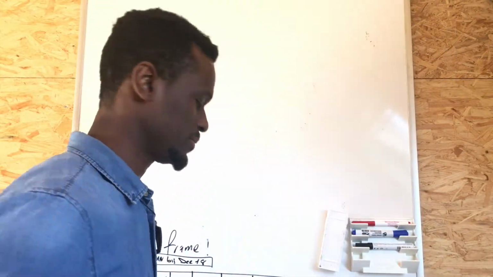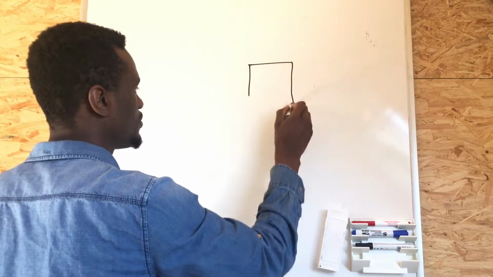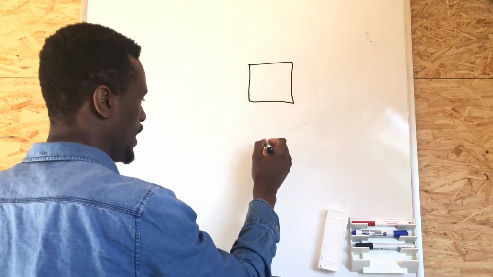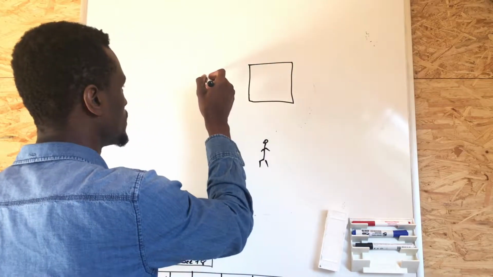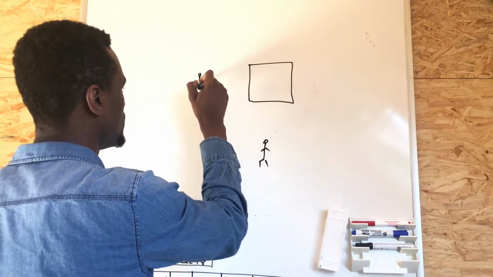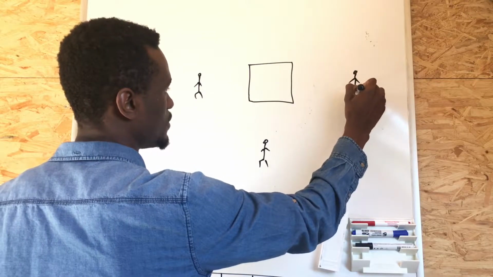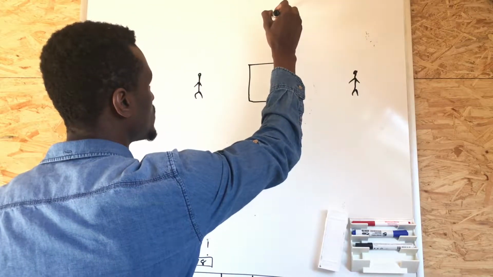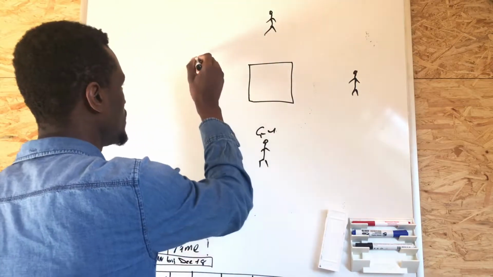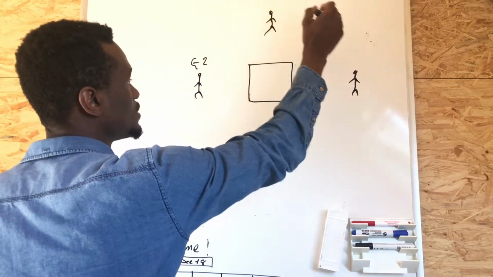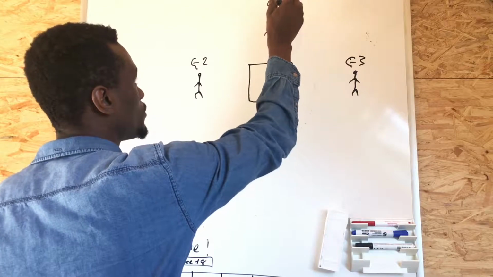Yes, so basically for this story, what happens? You have a fortress, right? And you have one general here. My drawing skills are not of the best. So let's say you have General 1, General 2, General 3, and General 4, right?